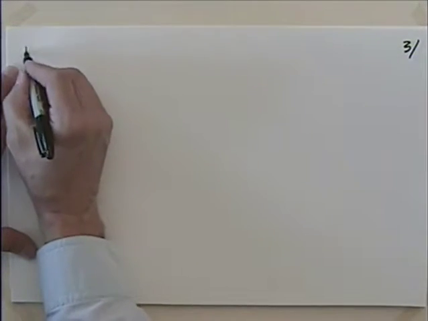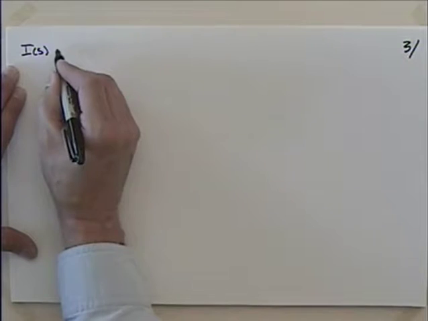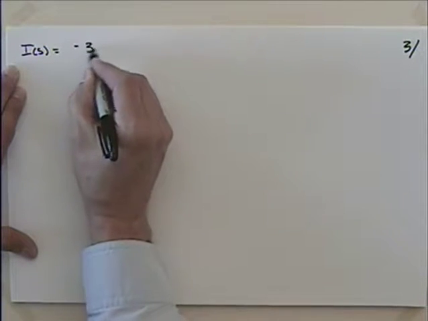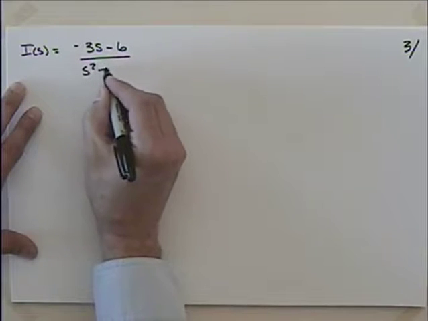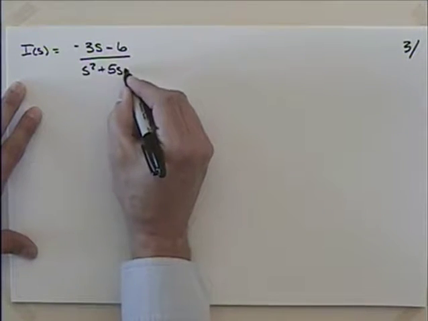I'll start on a clean piece of paper. So no matter which way we go, we end up trying to solve for this, that minus 3s minus 6 divided by s squared plus 5s plus a half.